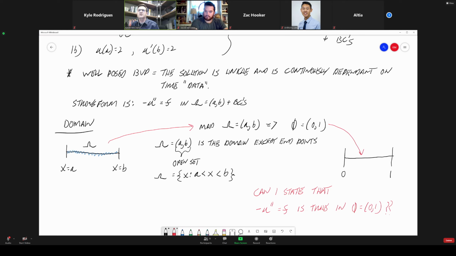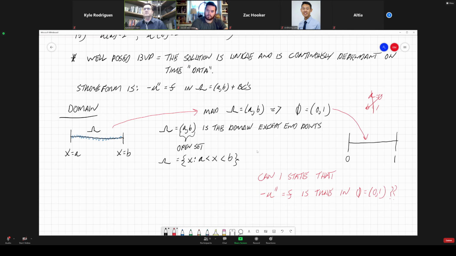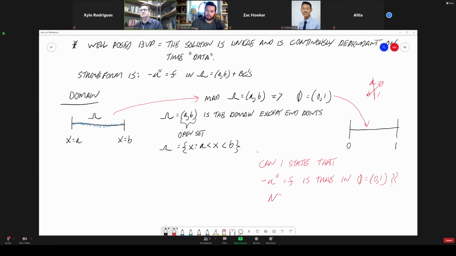This mapping right here, all I did is draw a little arrow saying that's what I wanted to do. I didn't create a mathematical model relating those two. I didn't say that A is equal to 0 and B is equal to 1. I didn't state that. So as you know it right now, this is not true, or it's not verified.